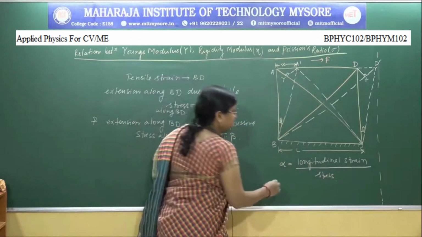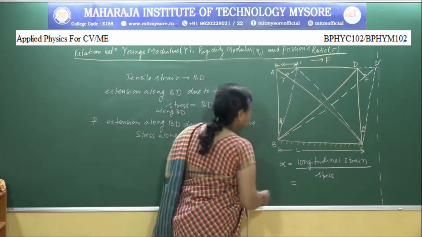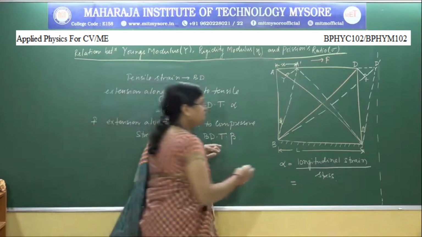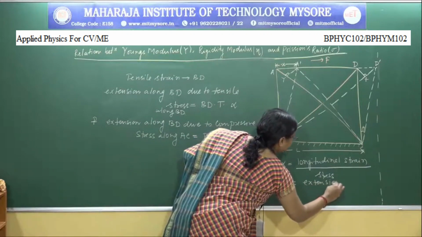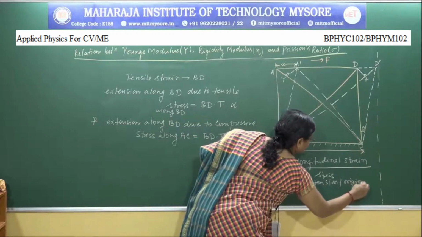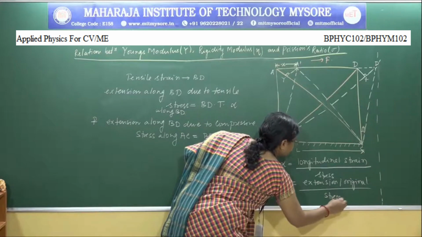So we can write longitudinal strain as the change in length divided by the original length, which means extension divided by original length, divided by stress.